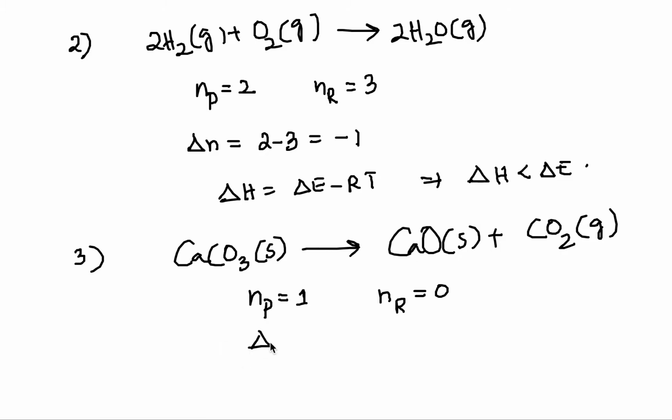Therefore what is the delta N for this reaction? It is 1 minus 0, which is equal to 1. Therefore delta H is equal to delta E plus 1 times RT.